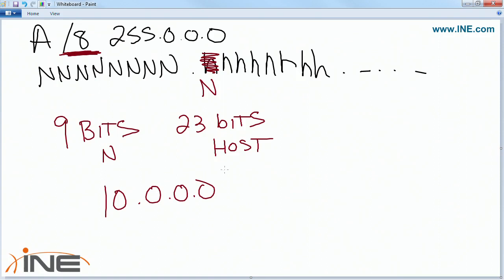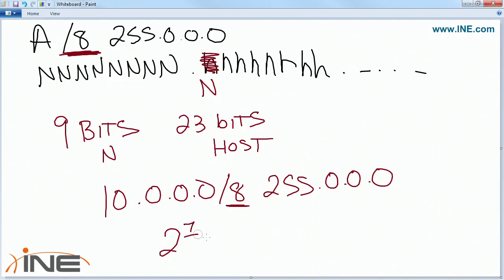The default classful mask or subnet mask for this would be /8, which is 255.0.0.0. If I borrow 1 bit to make more subnets, it means that I'm going to have now 2 more networks, because it's 2 to the 1, how many bits I'm borrowing, so 2 to the 1 is 2.